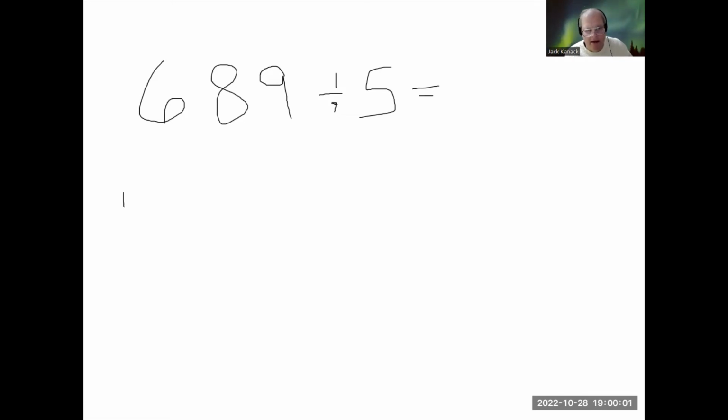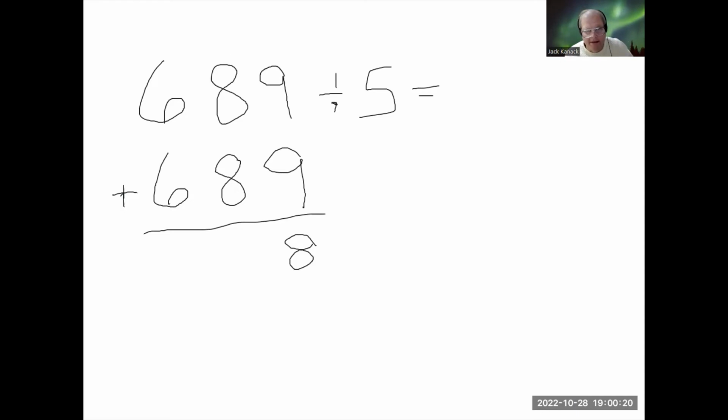Since we saw it on the calculator, let's take that 689 divided by 5, and we're going to add another 689 to that. So 9 and 9 is 18. Carry the 1. 1 and 8 is 9. 9 and 8 is 17.